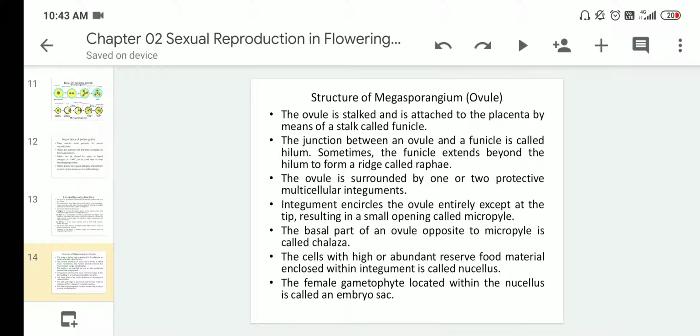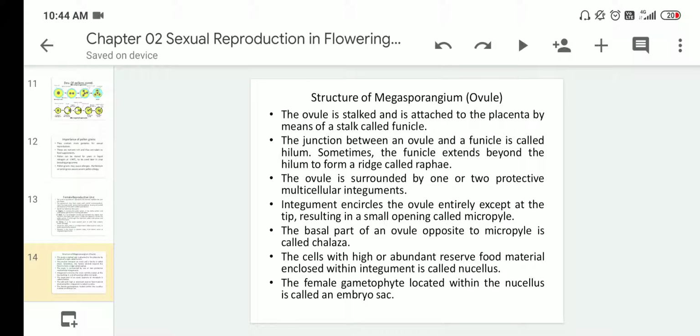The junction between an ovule and a funicle is called hilum. Sometimes the funicle extends beyond the hilum to form a ridge called raphe. The ovule is surrounded by one or two protective multicellular integuments, outer and inner integuments.